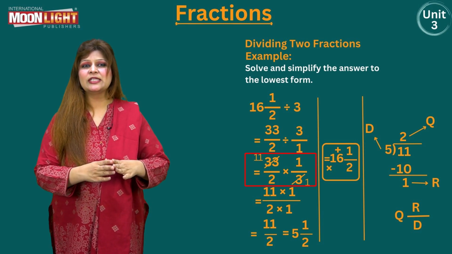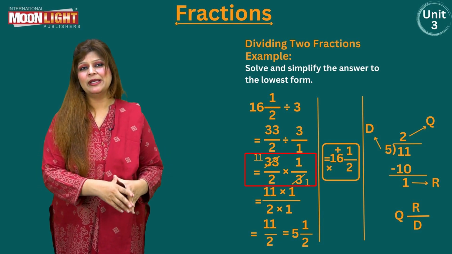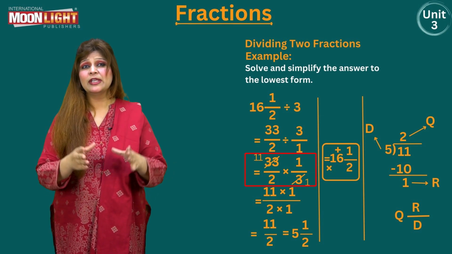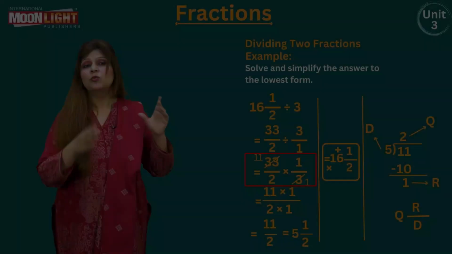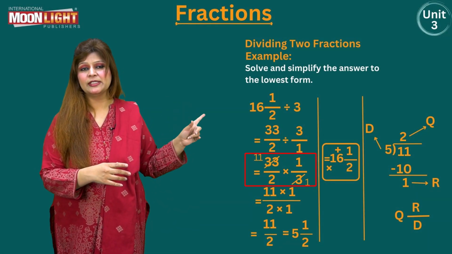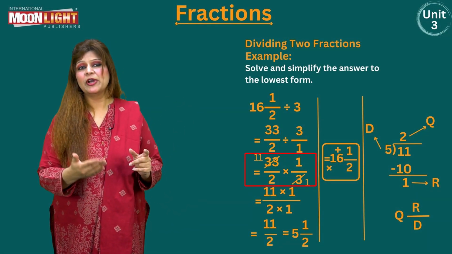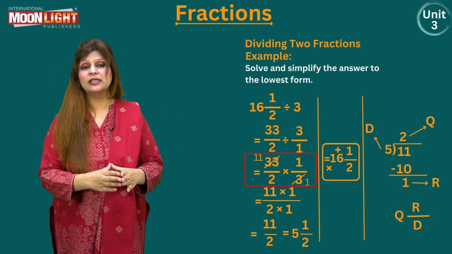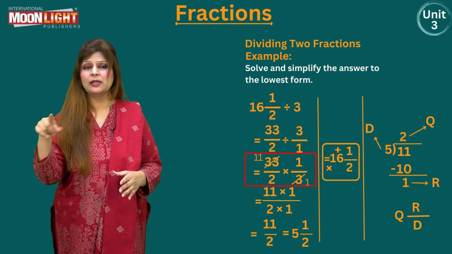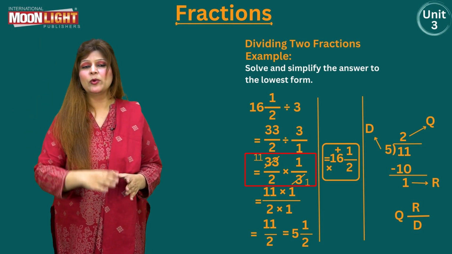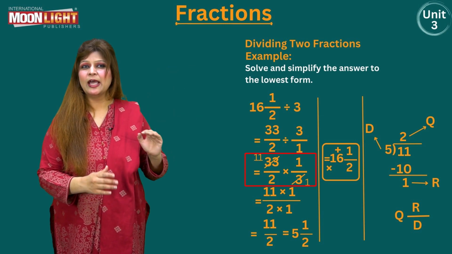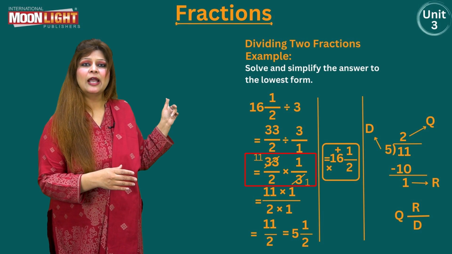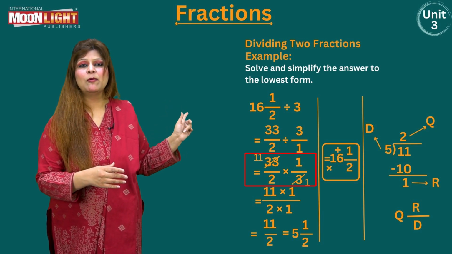In the same way as in multiplication, we follow the cross multiplication rule, where we can cancel the numerators and denominators crosswise. So right now this is 33 by 2 multiplied by 1 by 3.